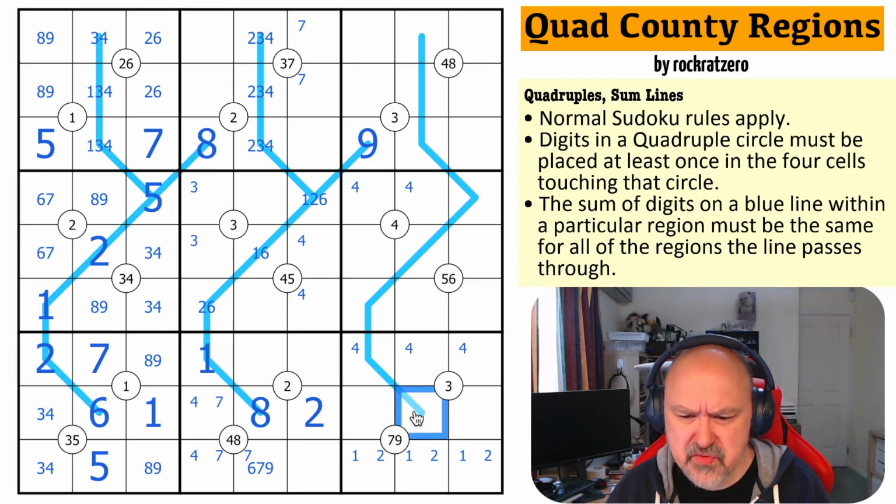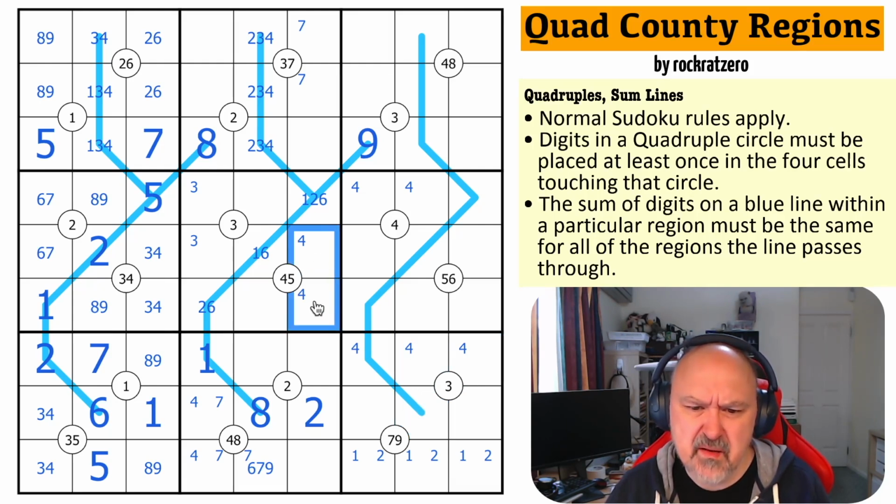So I can't put 1 or 2 on this at all, but 3 is in here. 8, this is a 4-8 pair, because 4 can't be there, but 4 has to be on this quadruple, and 8 has to be here, and it can't be there. This is a 4-8 pair.